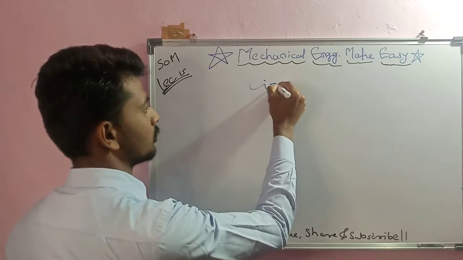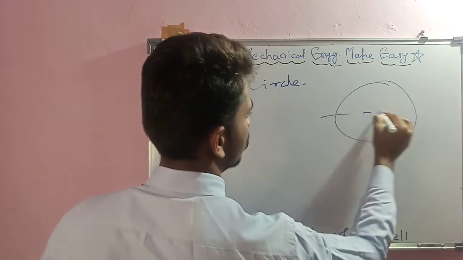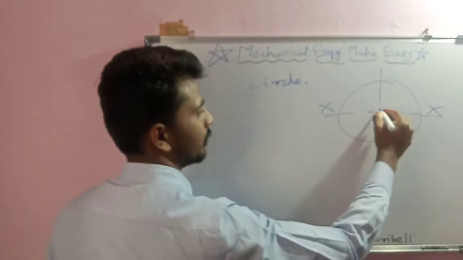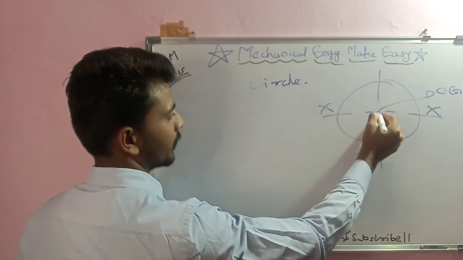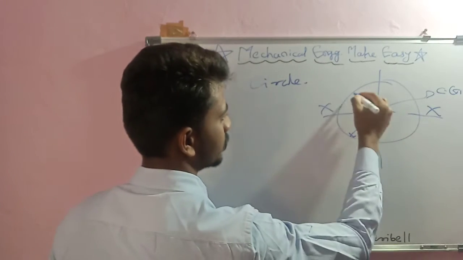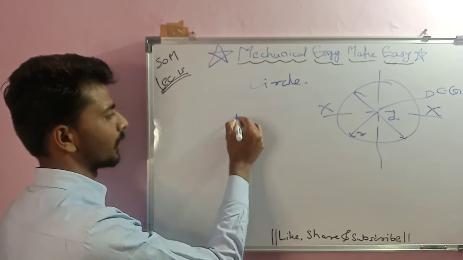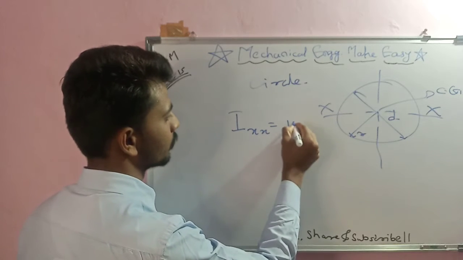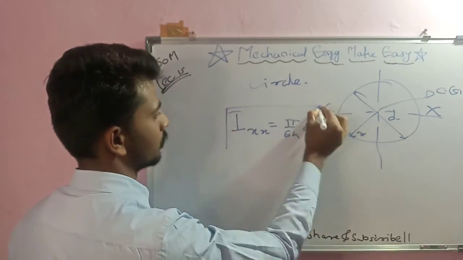So for a circle, this is the XX plane and this is the CG. The circle will have a radius, or we can say diameter. From that, we can calculate Ixx, which is equal to pi by 64 d raised to 4.